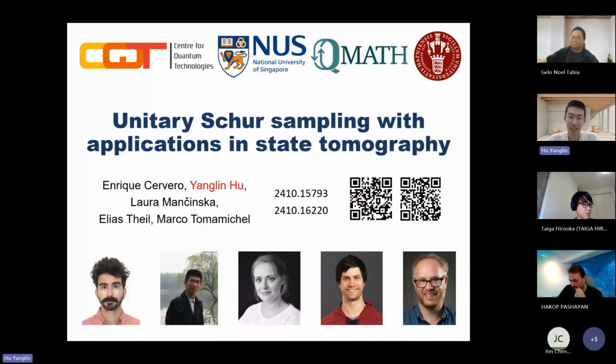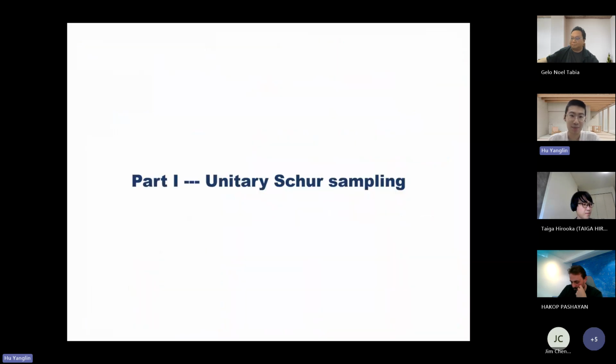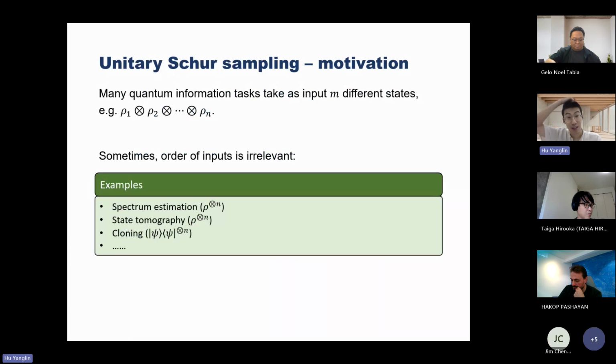Right, so maybe let me gradually start. The first part I talk about is unitary Schur sampling. In many quantum information tasks, you will receive an input of n different states like rho 1 tensor rho 2 tensor ... tensor rho n, and sometimes the order of the input is irrelevant.